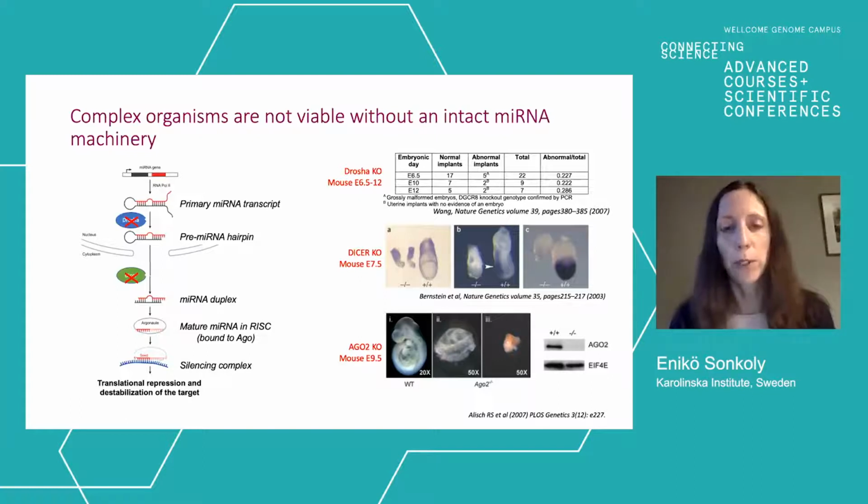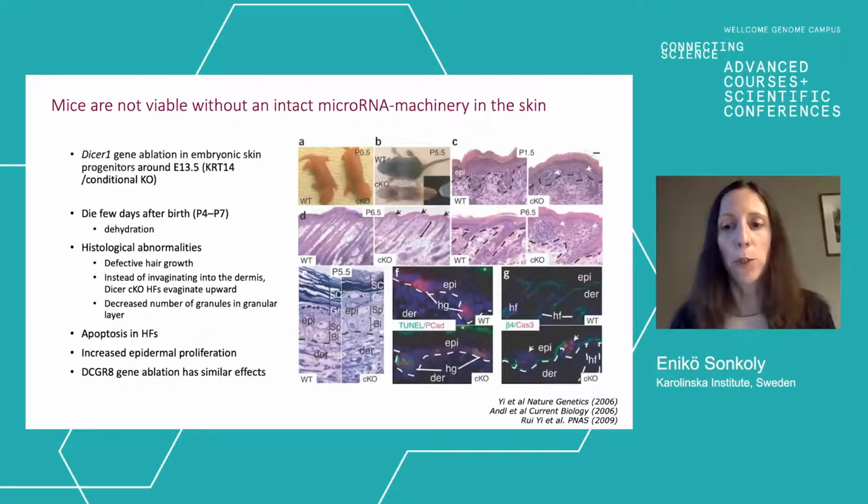To address this question, a very similar approach was used in the year 2006, for the first time. So Dicer, one of the enzymes which is needed for the processing of almost all microRNAs, was deleted specifically in embryonic skin progenitors.